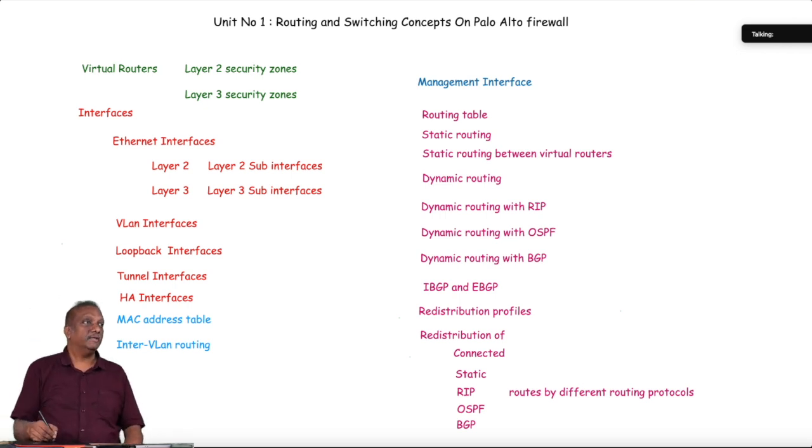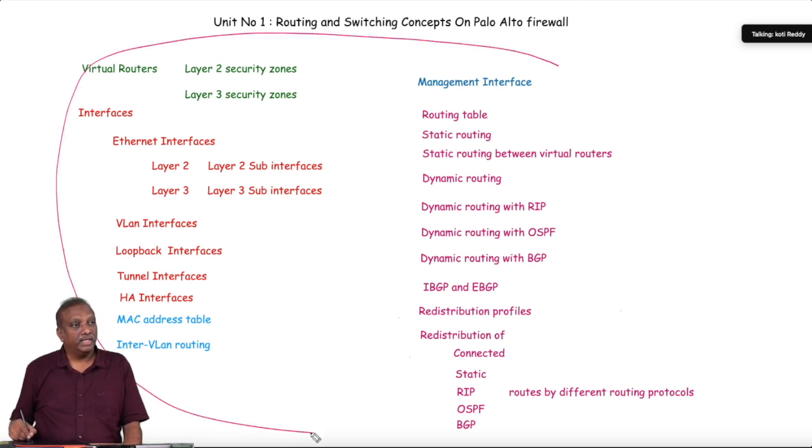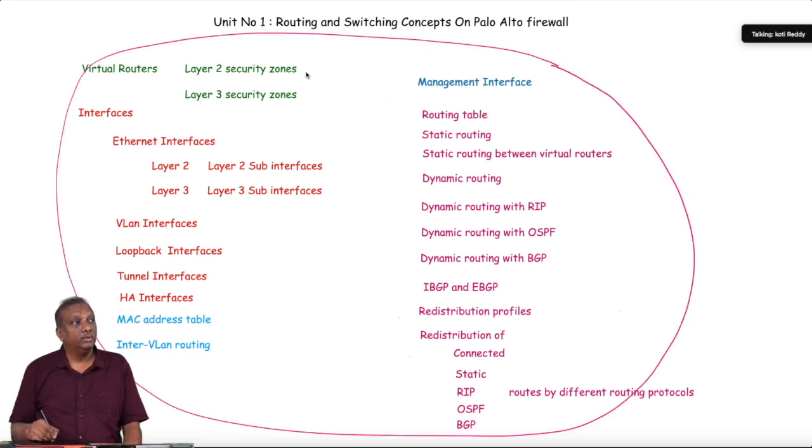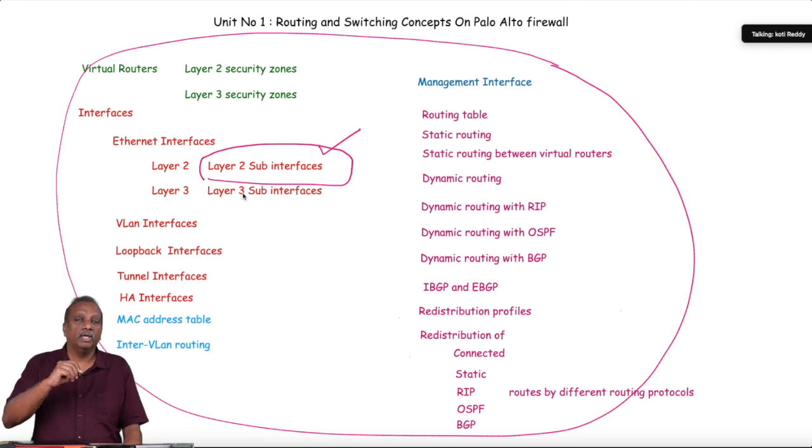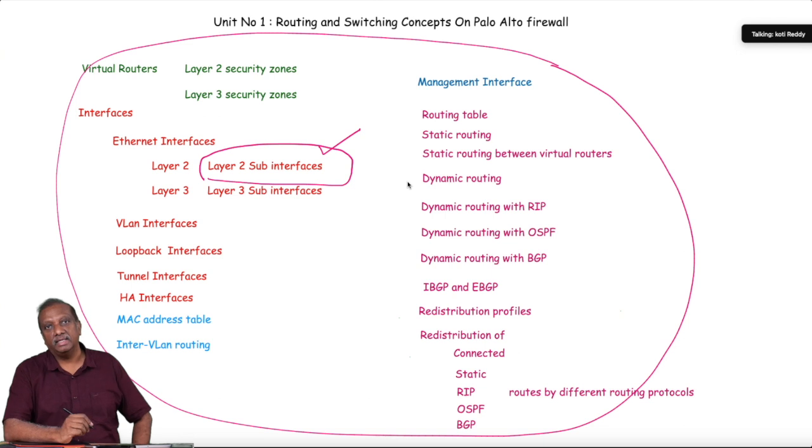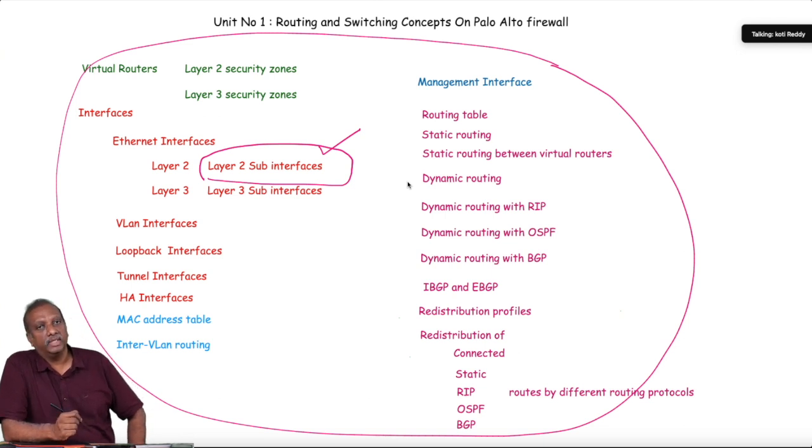So what we do is, we create situations where these types of interfaces are required. We create situations where layer 2 sub interfaces are required. We require this when the packets are coming from a Cisco environment to a Palo Alto environment. See, we know that VLANs are nothing but broadcast domains, right?